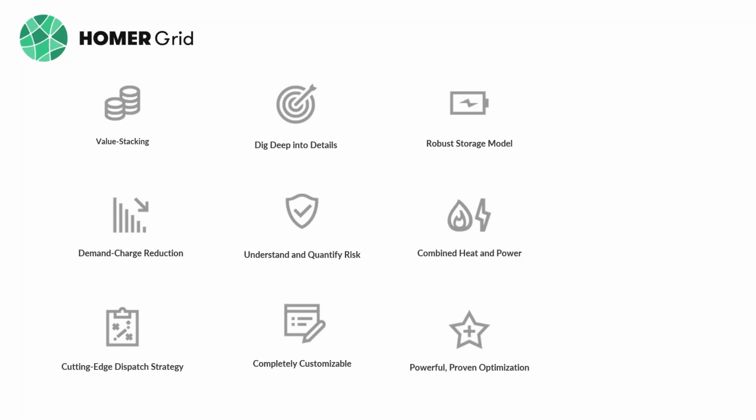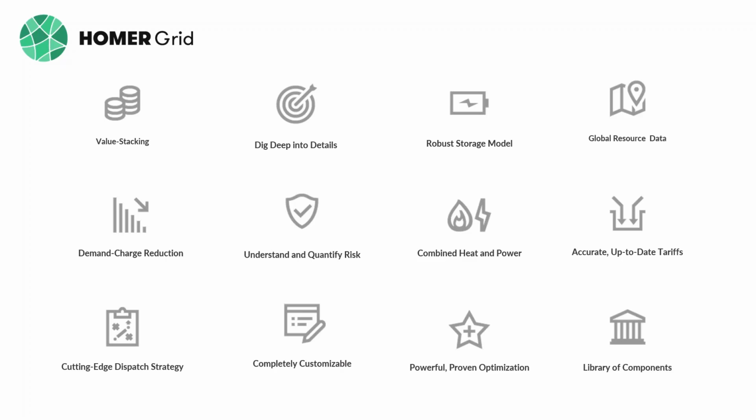And we are the only tool on the market which can model CHP, and we are incredibly proud of our storage model because it is so detailed and gives you the flexibility to model the battery systems that you may be considering. And we've made every attempt to make it quick and easy to use, including downloadable resource and load data.